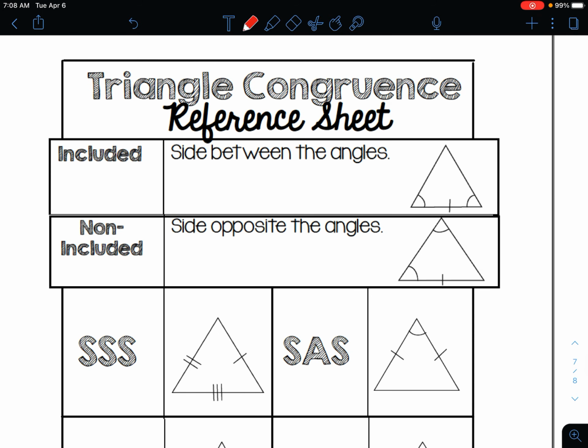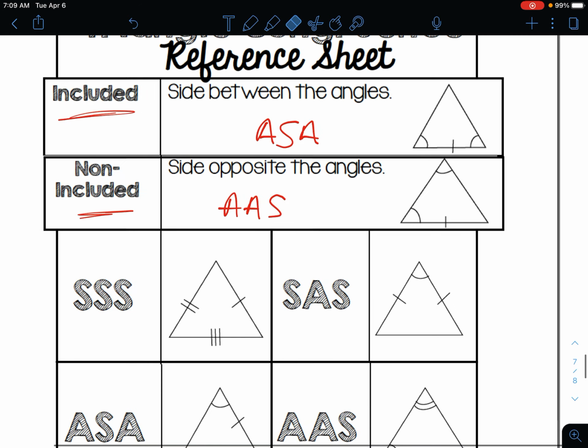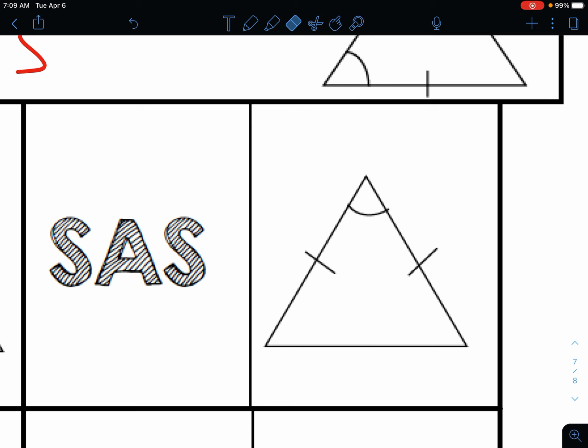So this very first one is what it looks like for angle, angle, side with the non-included side versus the included side. So is it angle, side, angle, or angle, angle, side, okay? Then we got side, side, side, and side, angle, side.